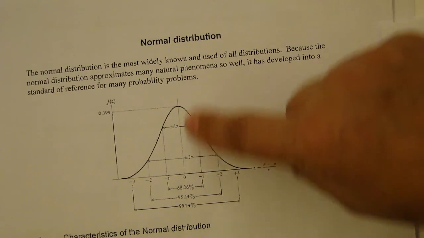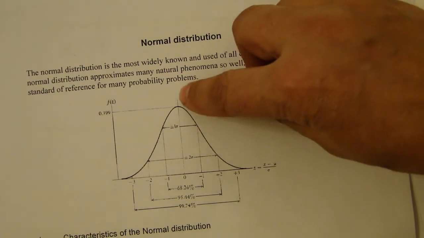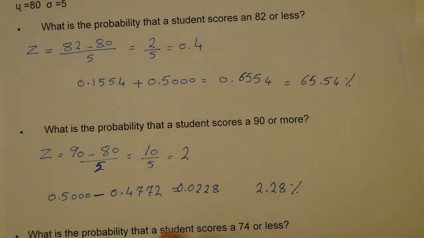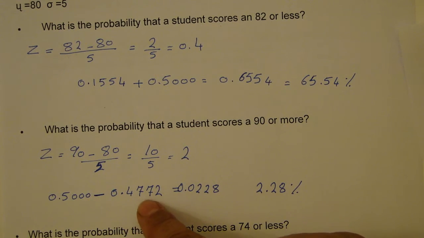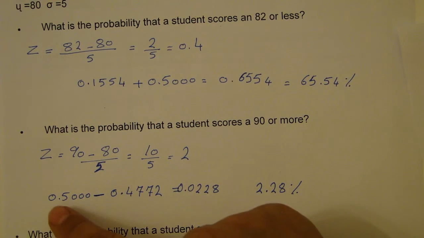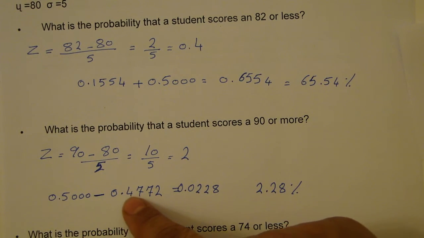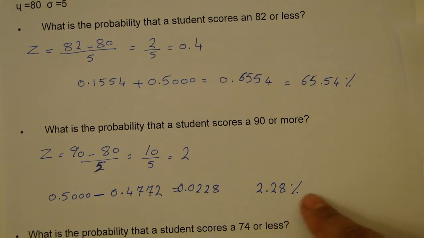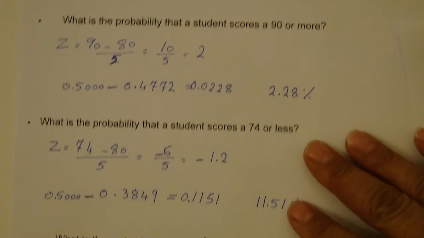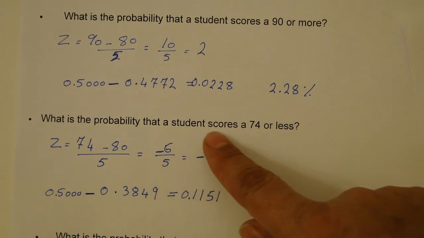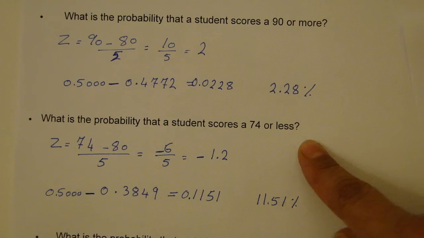The part I got from my calculations is from the mean up to the 90, which is 0.4772. He said "or more," so I need to take the last part. So it is 0.5 minus 0.4772. So my answer is 2.28%.